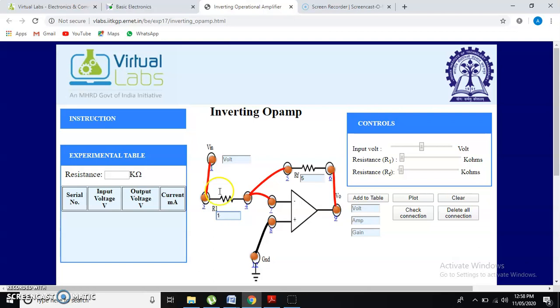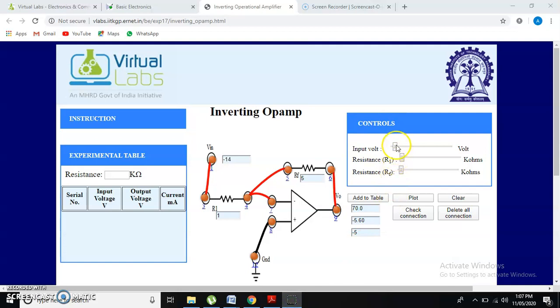We have to verify that for the change in the input which we are making, the gain of the circuit has to be 5. Okay, and that we have to verify. So now we'll vary the input.